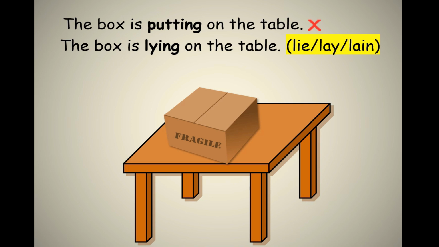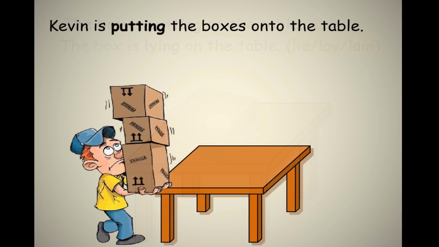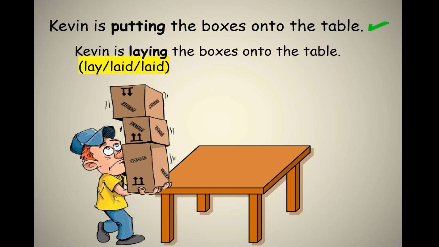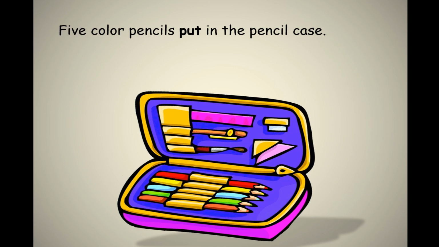Lie, lay, lain. How about this sentence when substituted with put in? Kevin is putting the boxes onto the table. This sentence makes sense. Therefore, the answer that we previously had, Kevin is laying the boxes onto the table, lay, laid, laid, is correct.